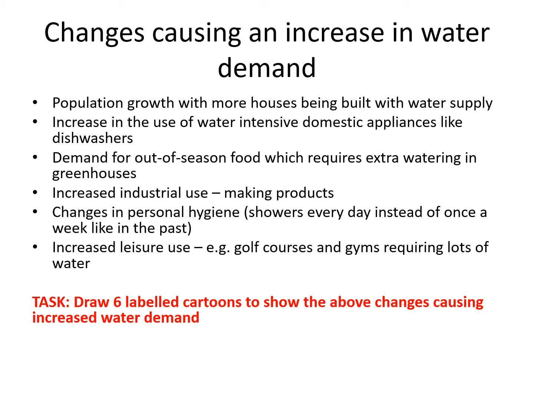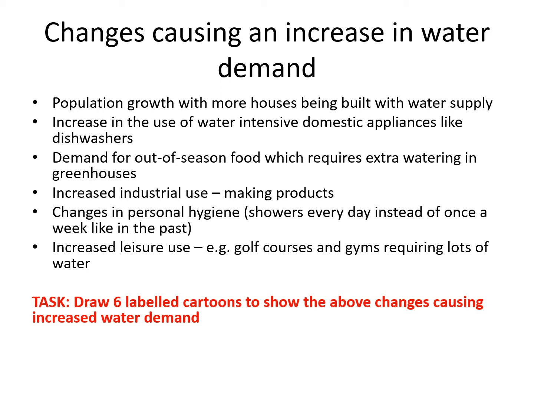This slide here basically puts that into words for you. So the first thing there, the causes of our changing water demand is: 1, population growth, more houses being built, more water supply. 2, increase in the use of water-intensive domestic appliances like dishwashers, washing machines, jet hoses, and so on. 3, the demand for out-of-season food, which requires extra watering in the greenhouses. 4, increased industrial use.